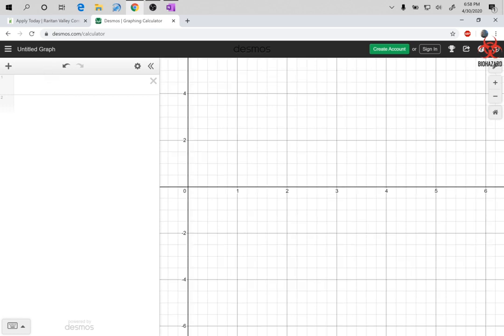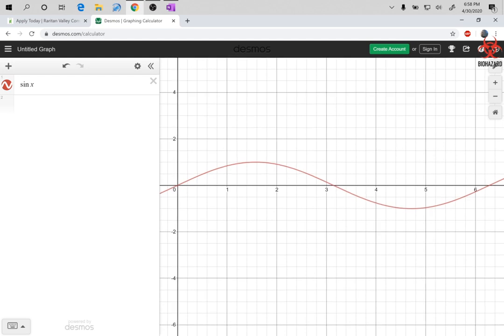So my original function that I need to graph is just sine x. And keep in mind that sine x is our anchor function. And the P functions that I'm going to graph next should be following this function here. So here is x, just x, and that's blue.